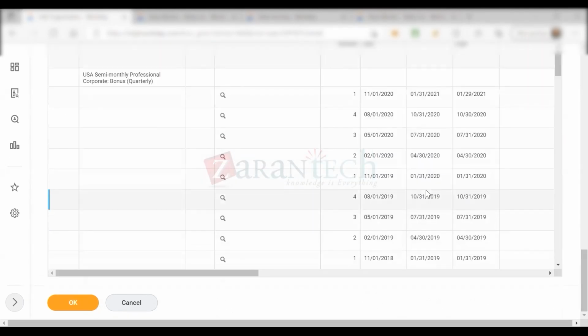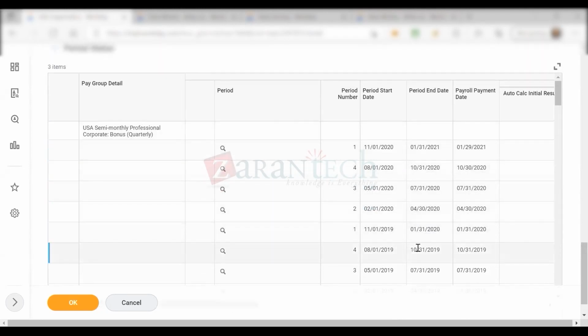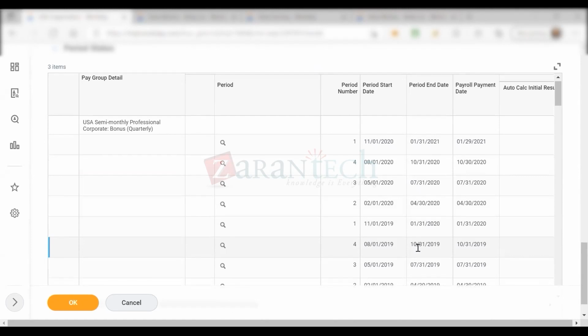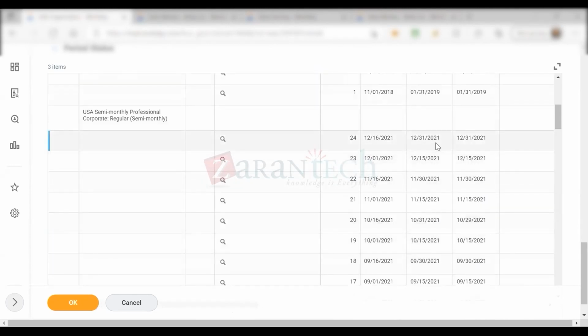Then the next section is again more of a review section. It lists out every single pay period which is there in my period schedule. If you remember from our yesterday's class, we had pay periods up till 12/31/2020, and then one I created for 12/31/2021. So that is what we have here.